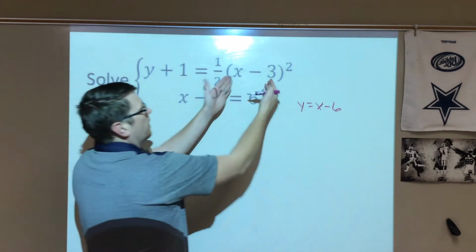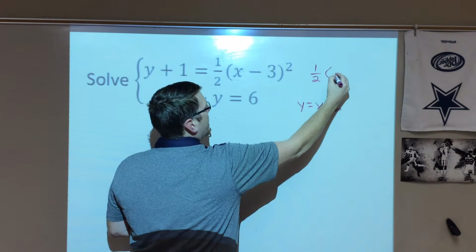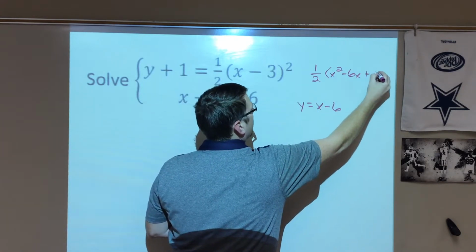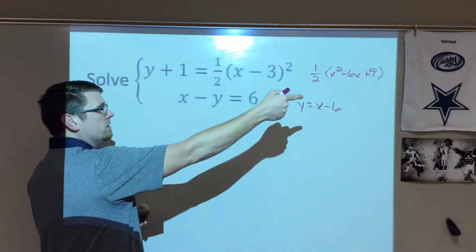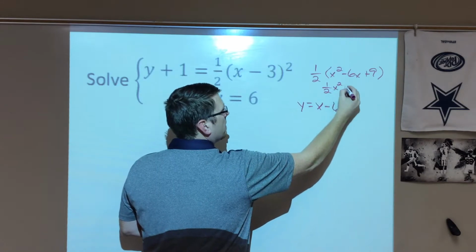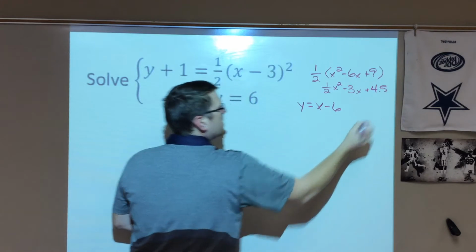Now here I need to FOIL this out. And when I do that, I'll get x squared minus 6x plus 9. I need to distribute that 1/2. 1/2 x squared minus 3x plus 4.5.